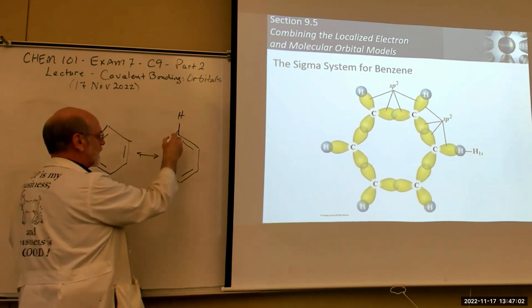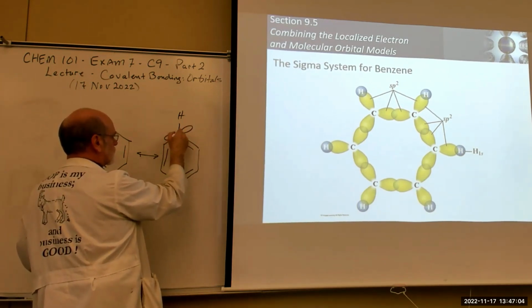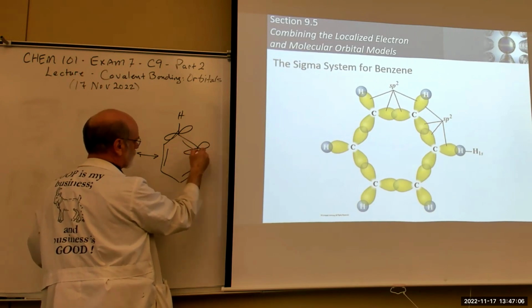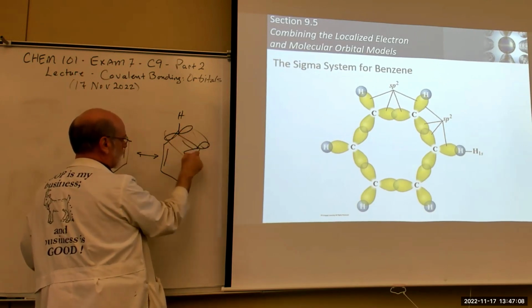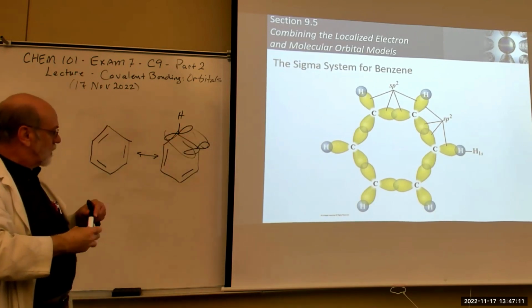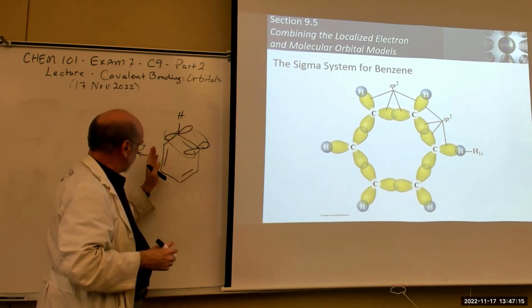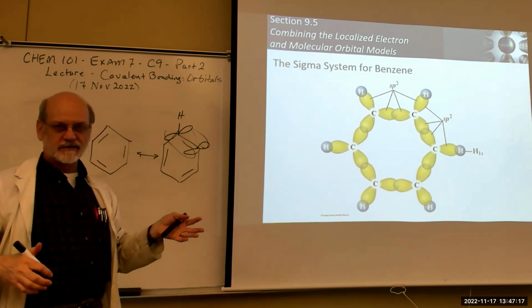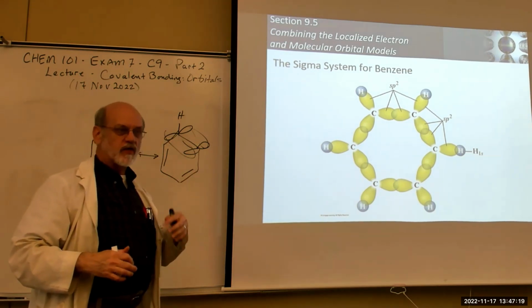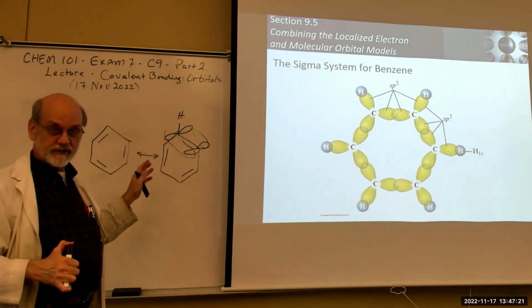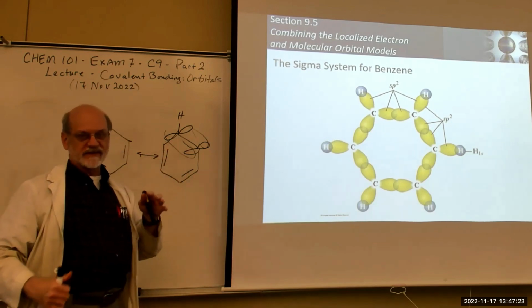And that leaves an unused p orbital on each one of these. And that's where you get your overlap. Well, it's not like we have an overlap here, and then an overlap here, and then an overlap here, and the others are left out, because we know that all the bond lengths, bond strengths, and bond energies here are equivalent.